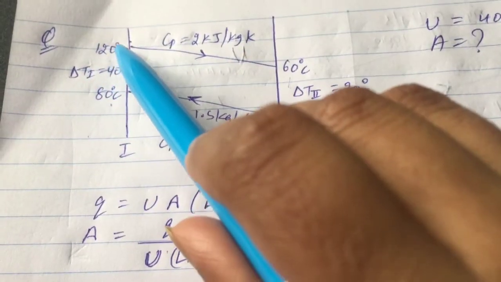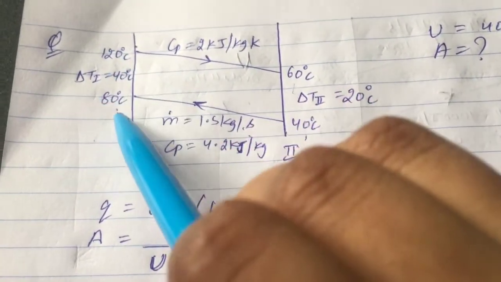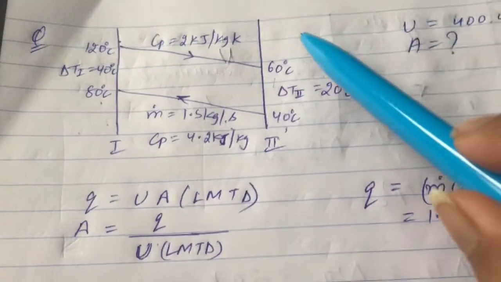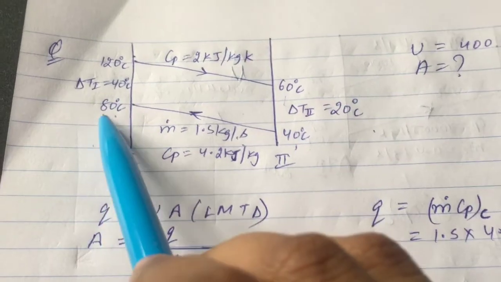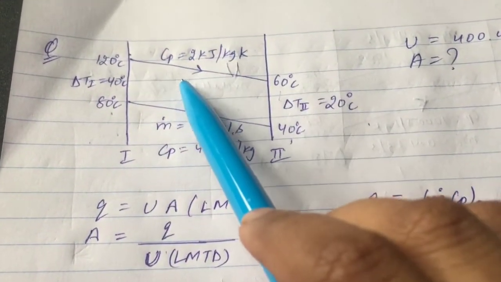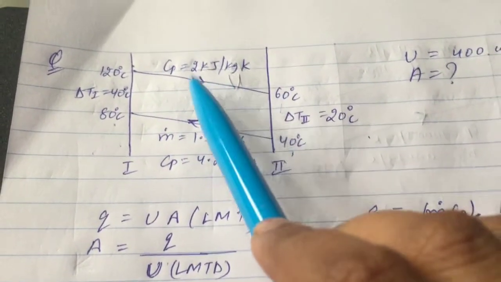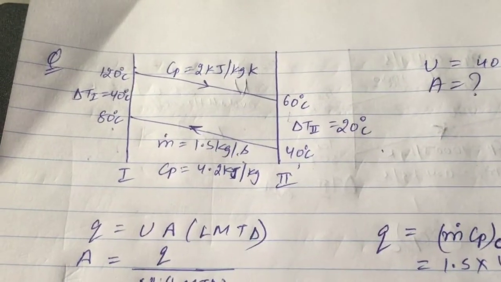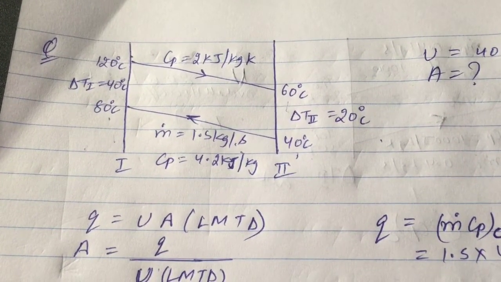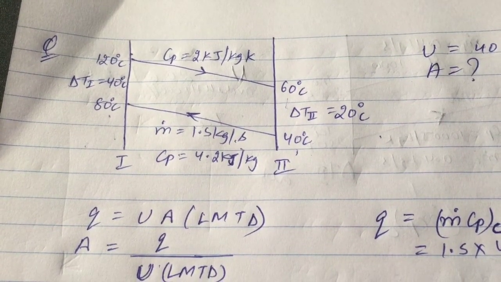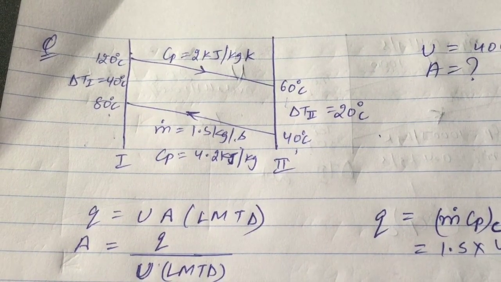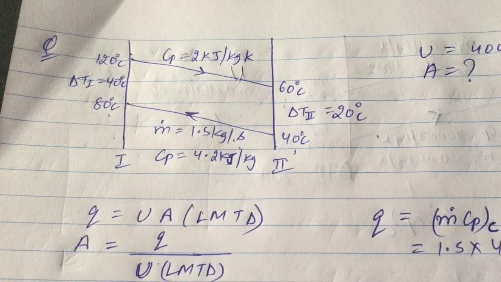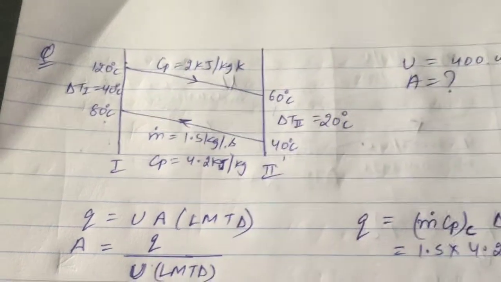So the temperature difference for end 1 would be 120 minus 80, 40 degrees Celsius. For end 2 would be 60 minus 40, 20 degrees Celsius. And Cp is given as, for hot fluid, 2 kilojoule per Kelvin, and for cold fluid we have mass flow rate 1.5 kg per second, and Cp is given as 4.2 kilojoule per kg Kelvin.